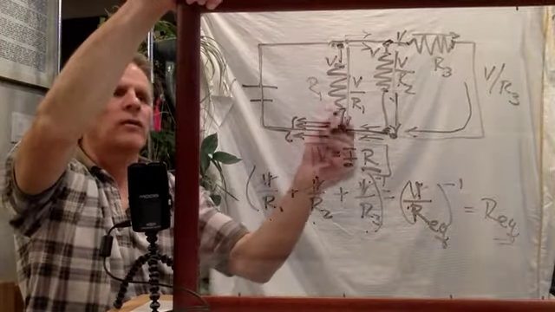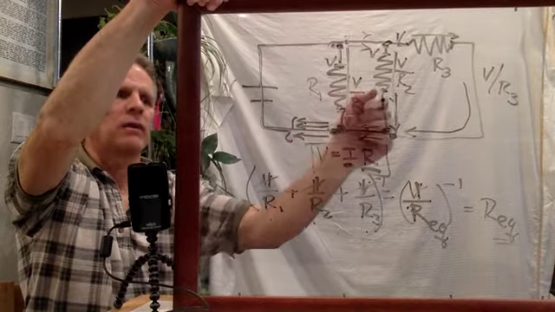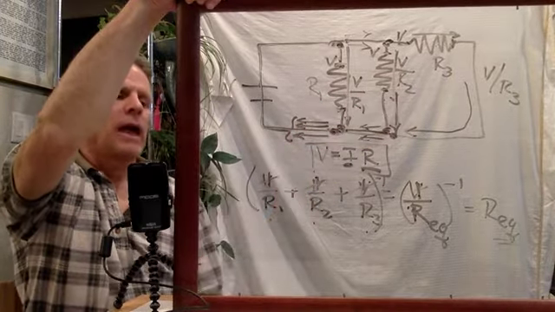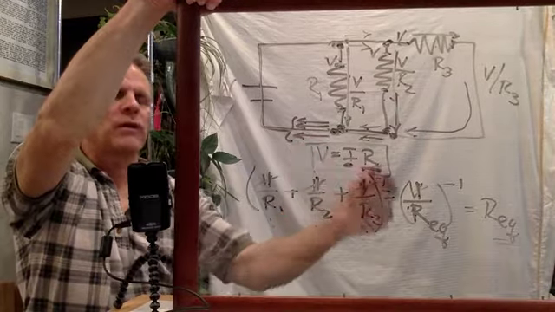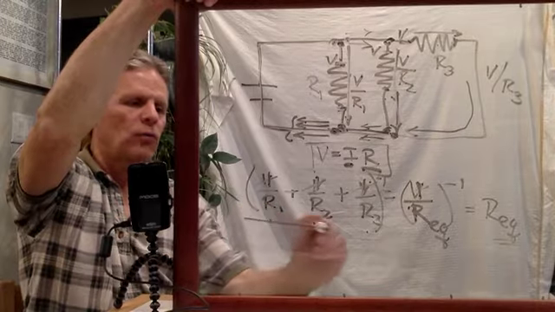So what is this configuration? This configuration is for resistors in parallel. And so the equivalent resistance for resistors in parallel is calculated this way.